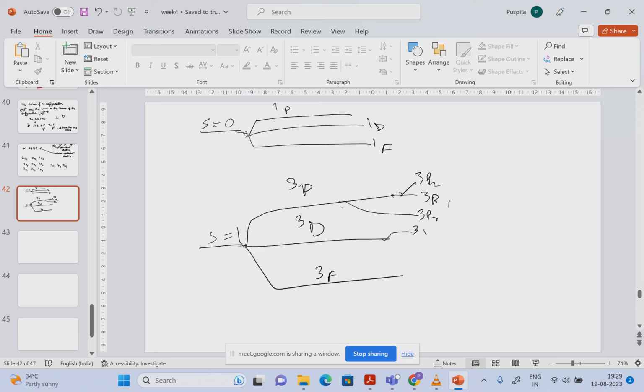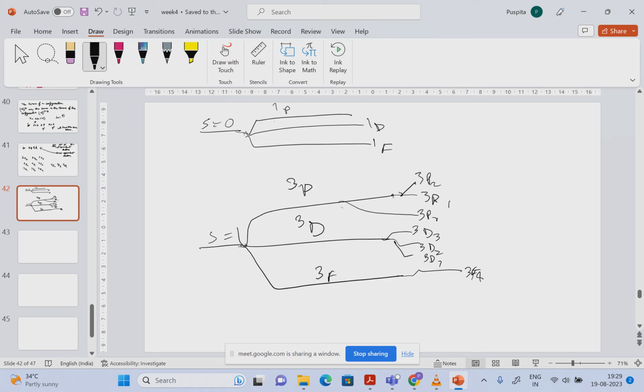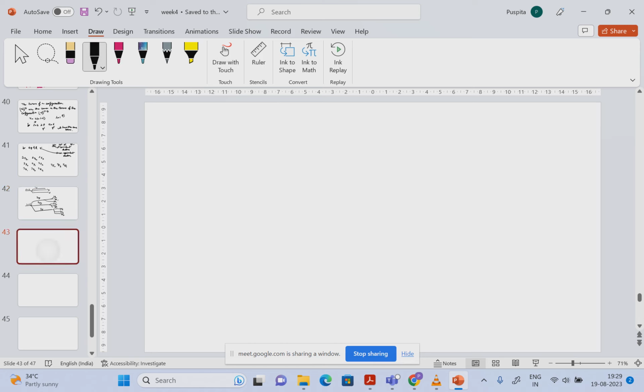For D, it will be 3D3, 3D2, and 3D1. For F, that will be 3F4, then 3F3, then 3F2.